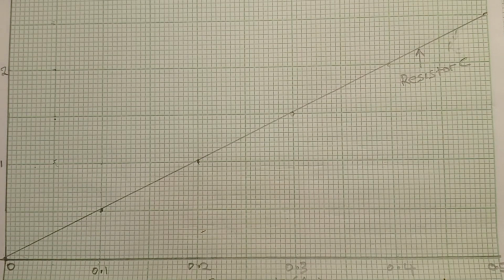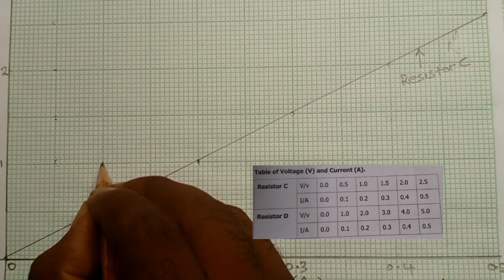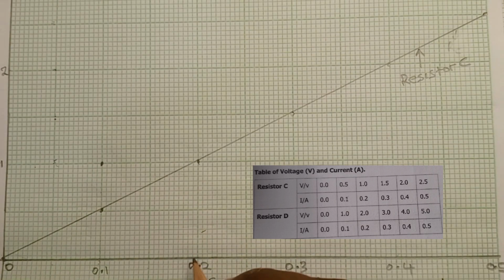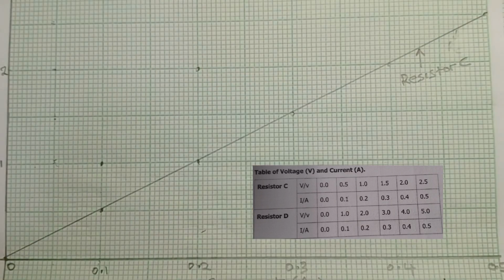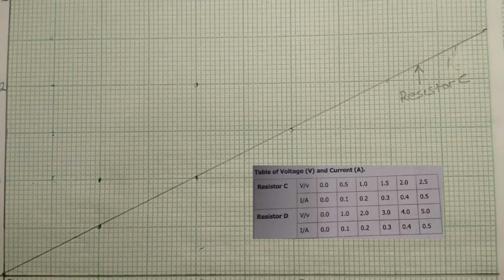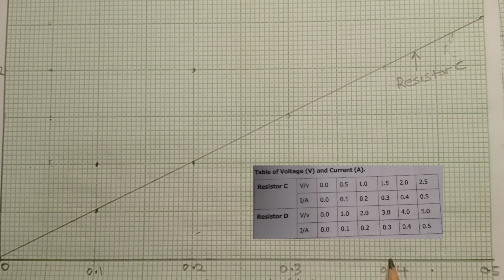Then now we go to the second graph, which is resistor D. So the first one we have 0, 0. Then the second one we have 0.1, 1. Then we have 0.2, 2. Then we have 0.3, 3. Then we have 0.4, 4.